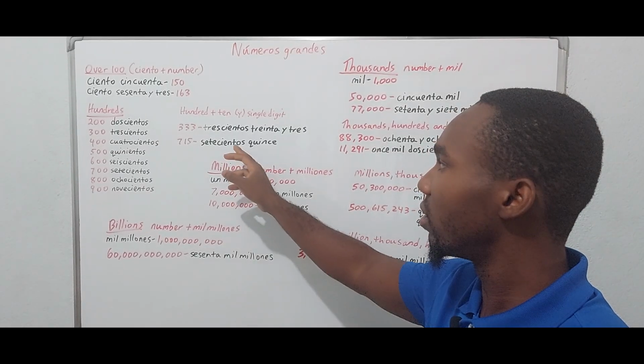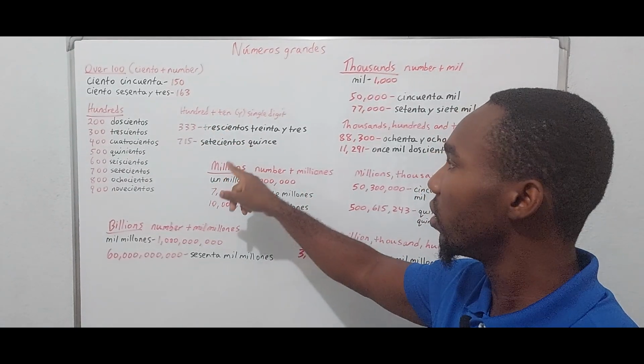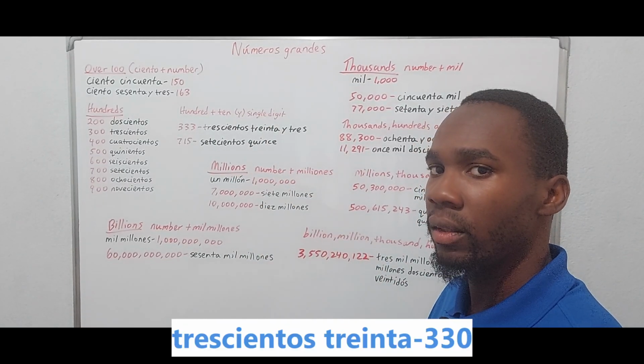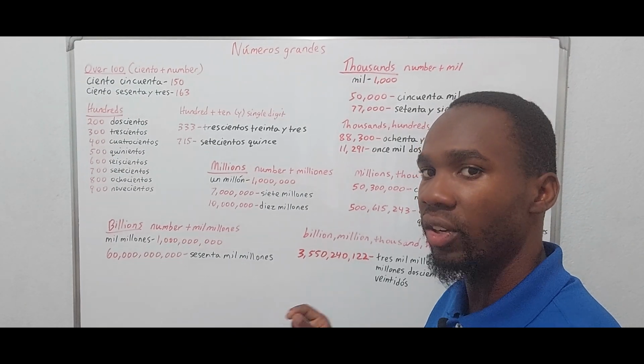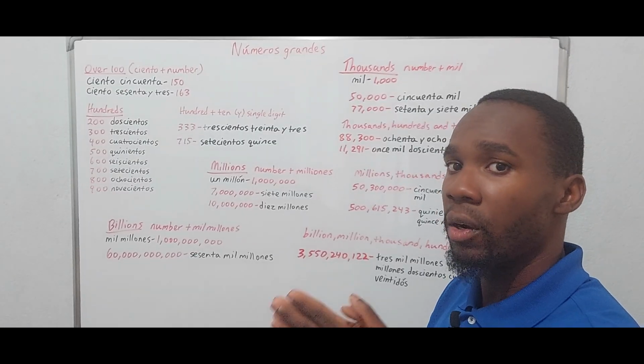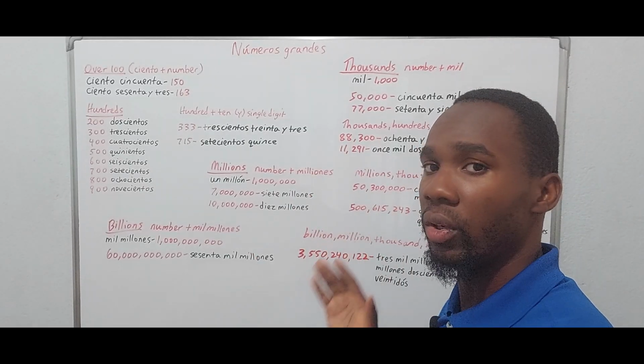But if we wanted to say 330, we would just say 330. We would not say it with the E. No, the E is only used to separate the 10 from the single digit. And that applies across the board.